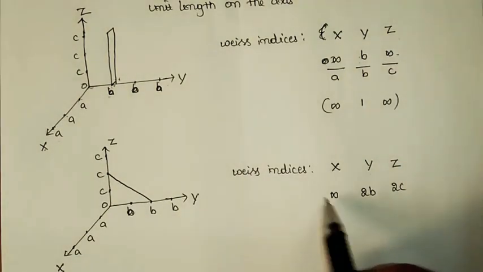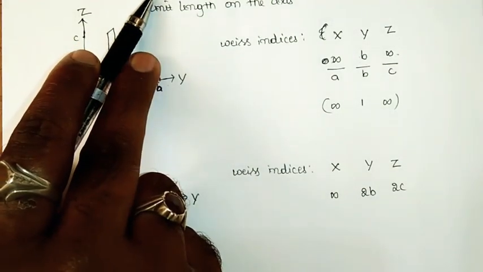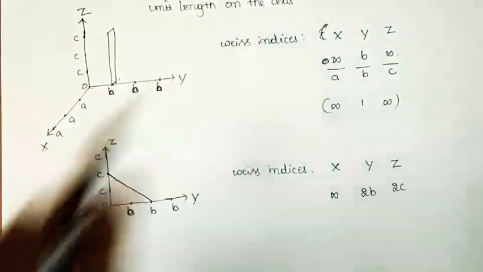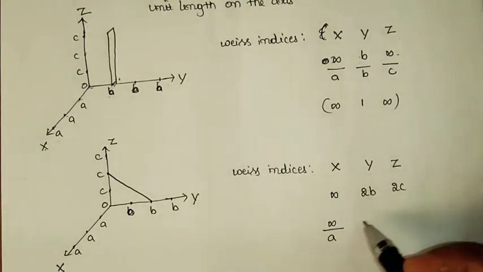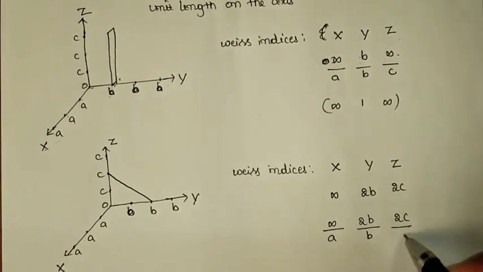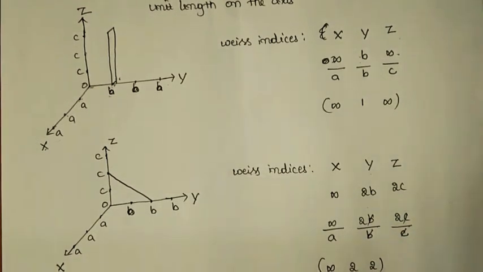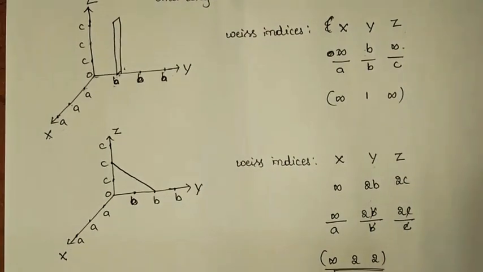We know that the definition of the Weiss indices is the intercept made by that plane divided by the unit length on the axis. So here infinity divided by a, 2b divided by unit length b, 2c divided by unit length c. The b's get cancelled, the c's get cancelled, and we can omit the a over here, and the thing is infinity, 2 and once again 2. And these are the Weiss indices of this particular plane.